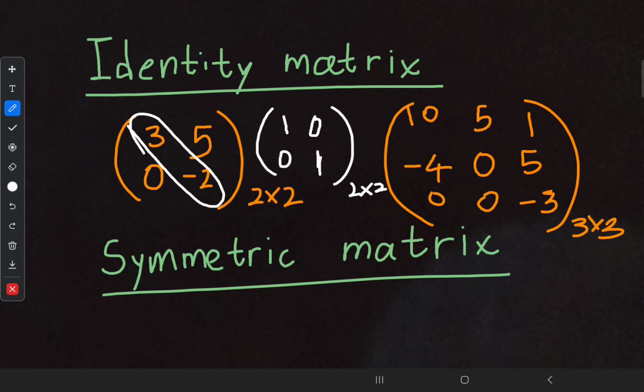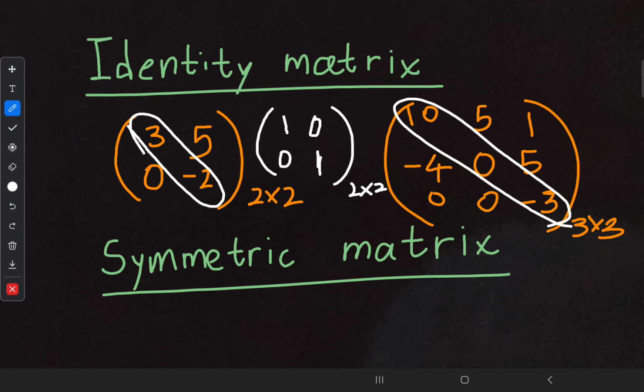What happened here? The main diagonal holds the number 1 and all the remaining values are equal to 0. So this is an identity matrix. When we consider the main diagonal in this one, this is going to be our main diagonal. Don't think about this other diagonal. We are talking only about the main diagonal.